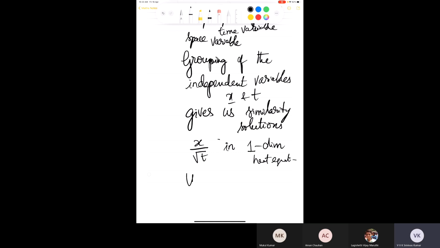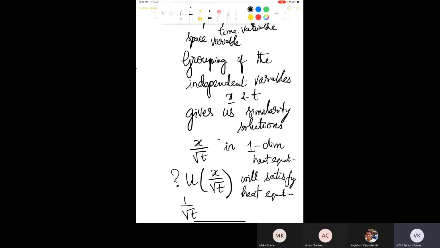That is, if you take u of x upon root t, it will satisfy the heat equation. Not only this, there should be something here also. That is 1 upon root t, or 1 upon 4 pi root t, times u of x upon root t, will be the fundamental solution.